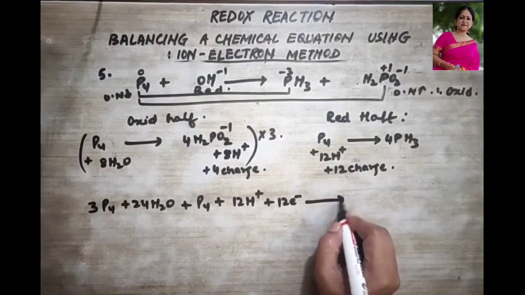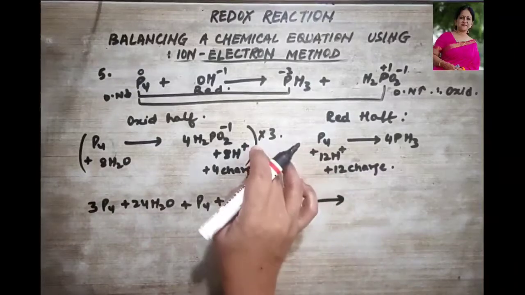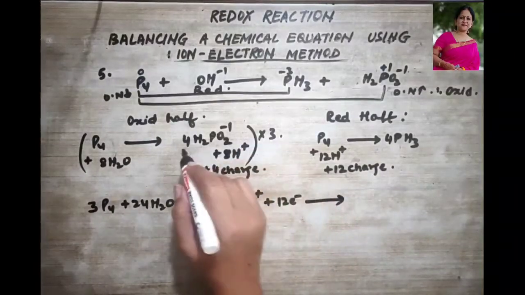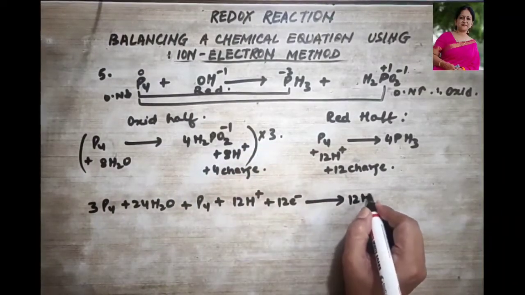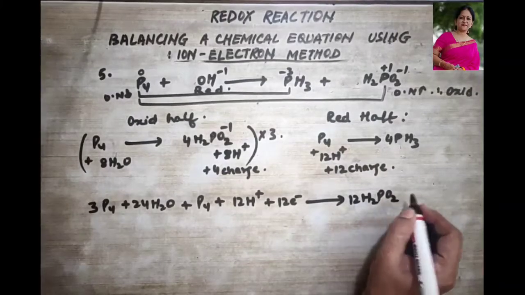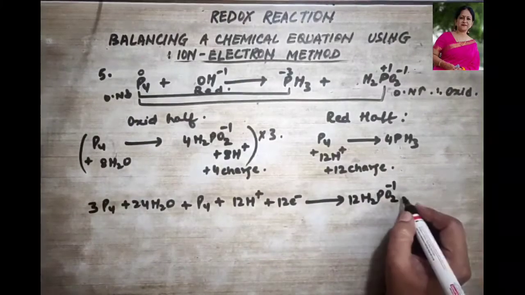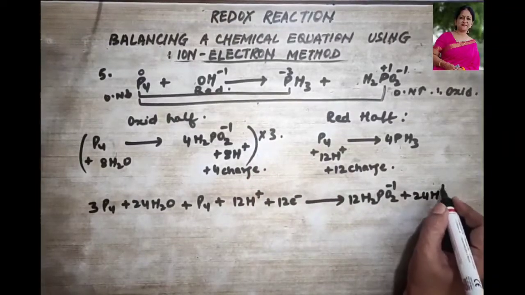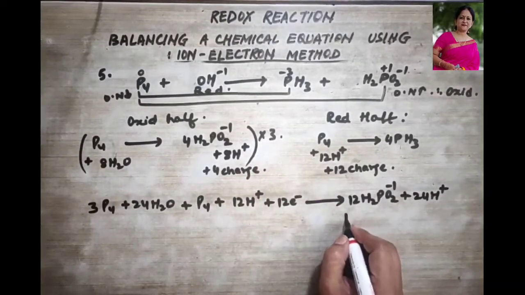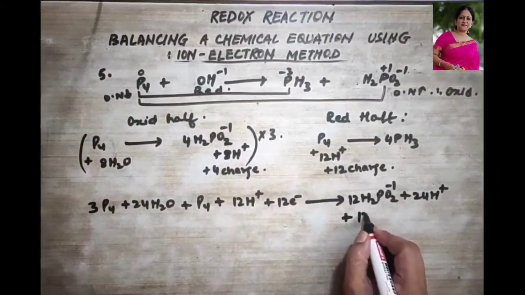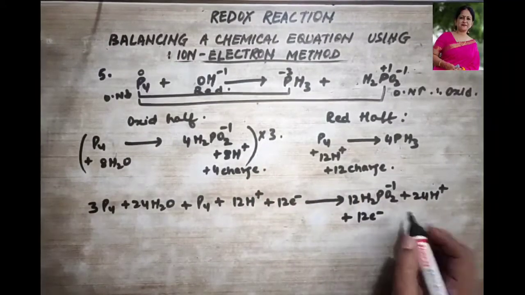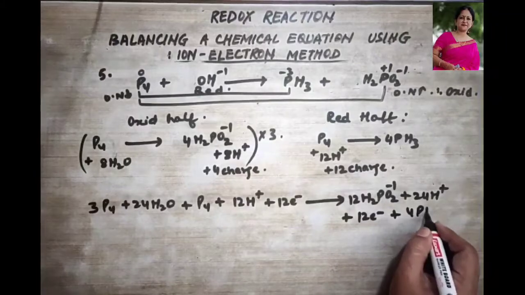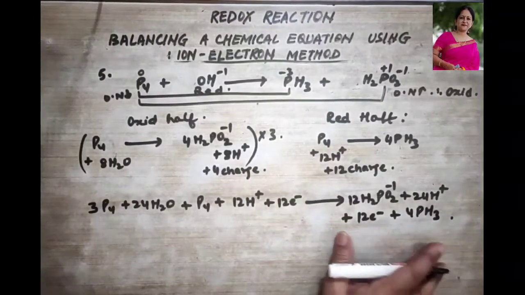That is the charge. Now let's write down the product. 4 3s are 12 H2PO2 minus 1 plus 8 3s are 24 hydrogen ions plus 4 3s are 12 electrons plus 4 PH3.